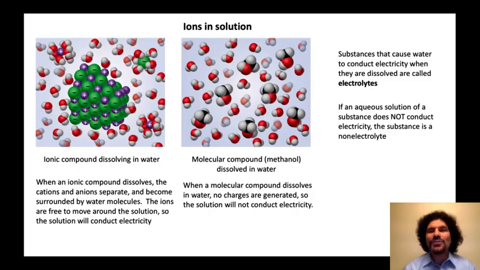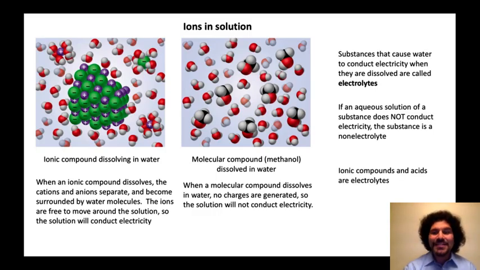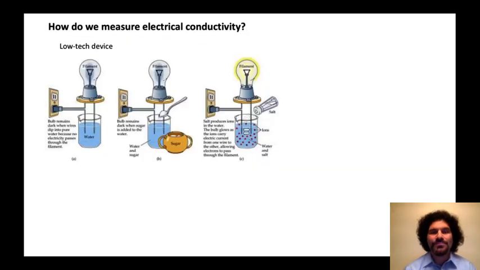And if an aqueous solution of a substance does not conduct electricity, then that substance is called a non-electrolyte. So ionic compounds and acids, as we met in the last lesson, are electrolytes, whereas neutral molecular compounds are non-electrolytes.